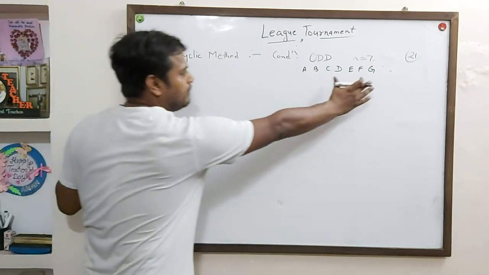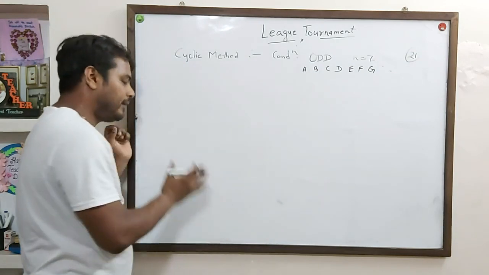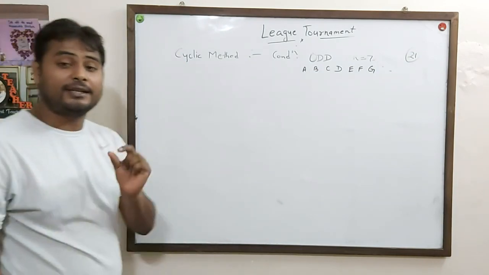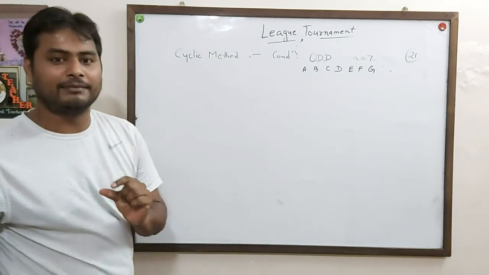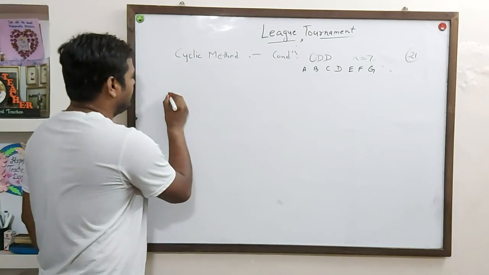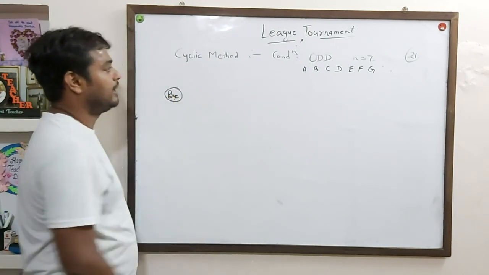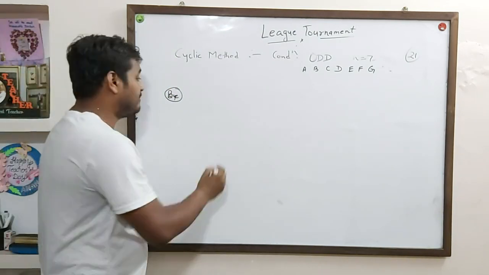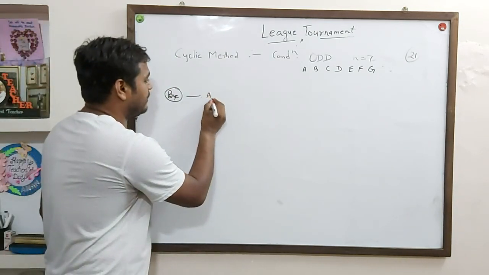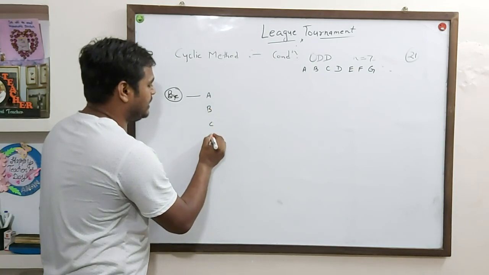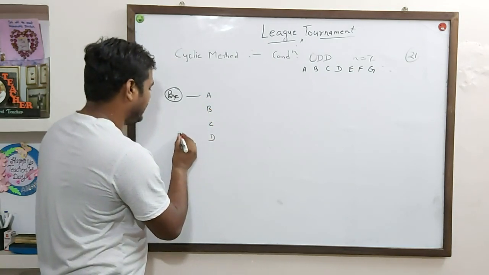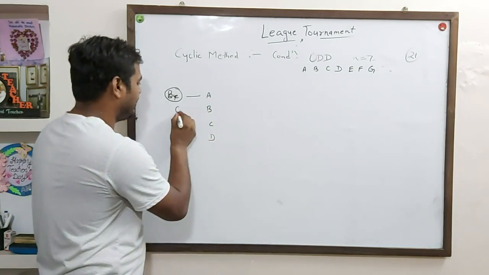But when the total number of teams is odd, in this condition we fix the position of the bye team. Suppose here we fix the bye place, and then we place the teams A, B, C, D, E, F and G.